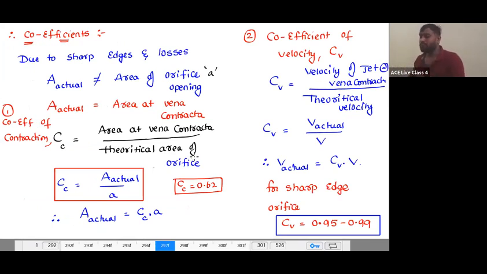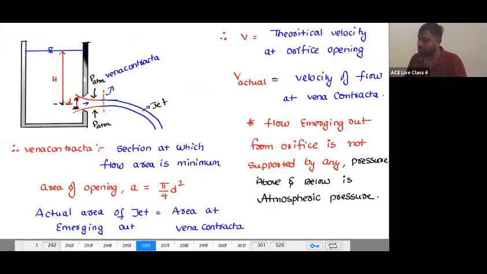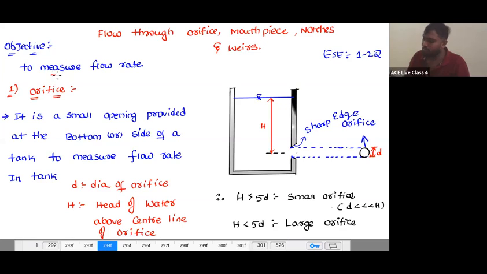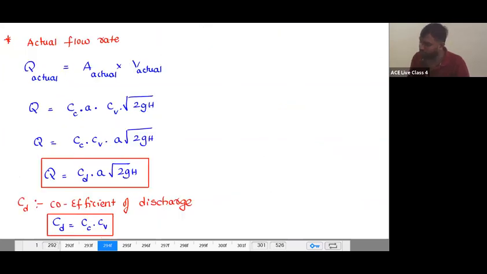So now let's see how to determine this CV. The final formula, how I have started: what is the objective here? To measure the flow rate. And finally, this is the flow rate passing through the orifice.